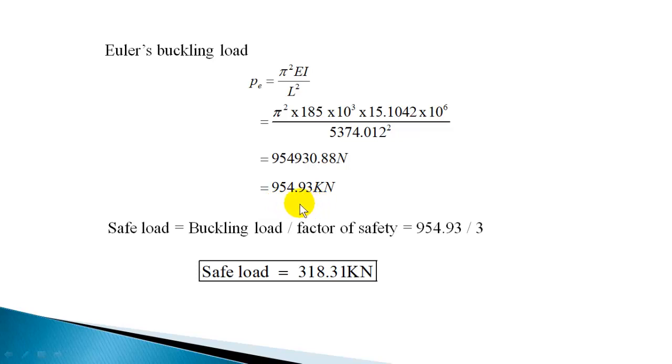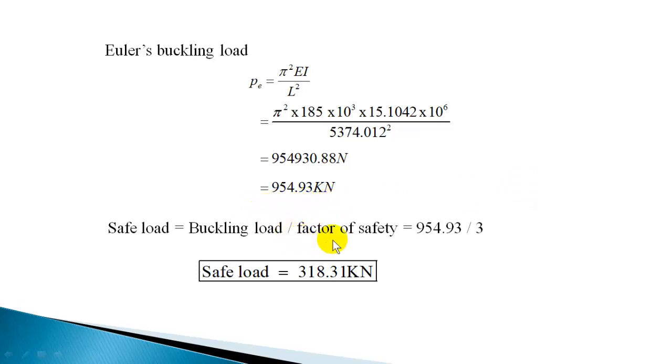So the column will fail due to buckling rather than crushing, at a load less than the crushing load given by sigma C A. So we got the buckling load using Euler's formula.